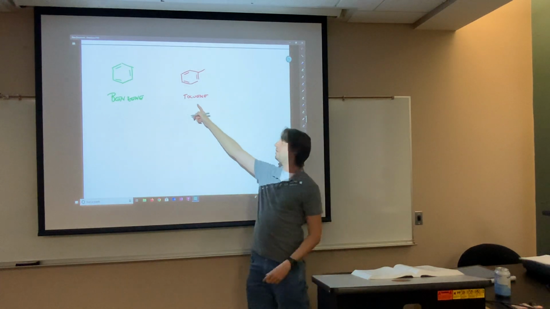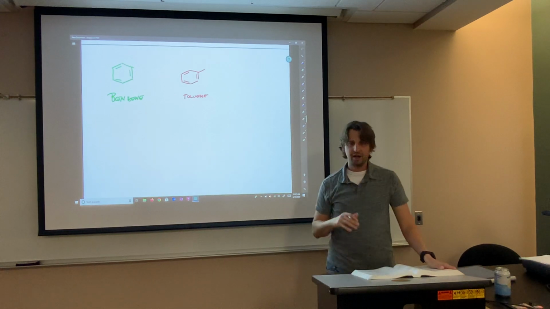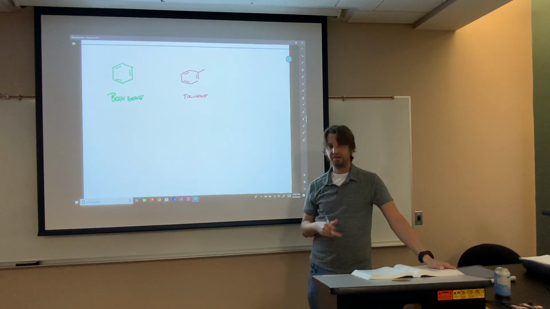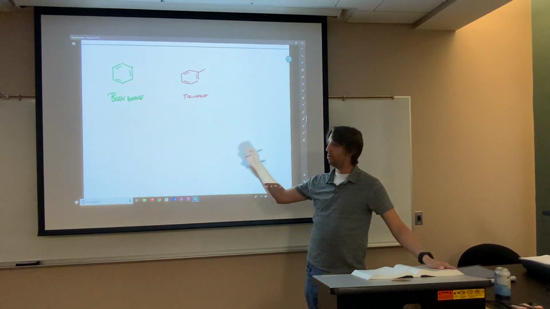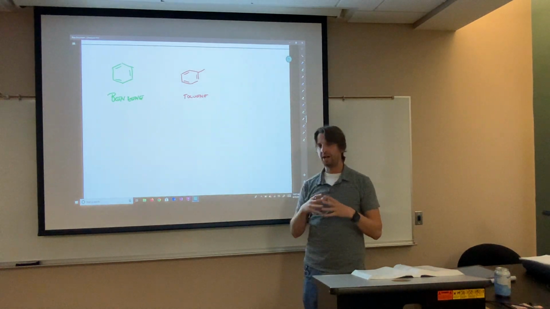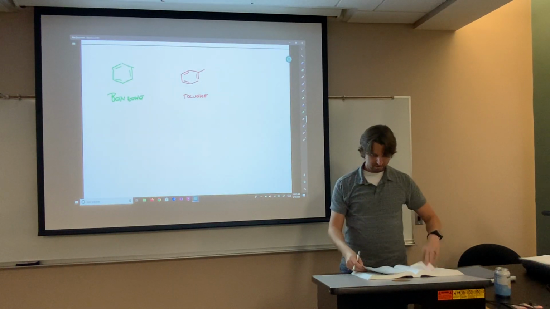Okay, so the word toluene, when we're talking about naming, is technically not a systematic naming system, okay? But this is such a common group and structure and moiety that toluene has become IUPAC accepted. And I saw this.